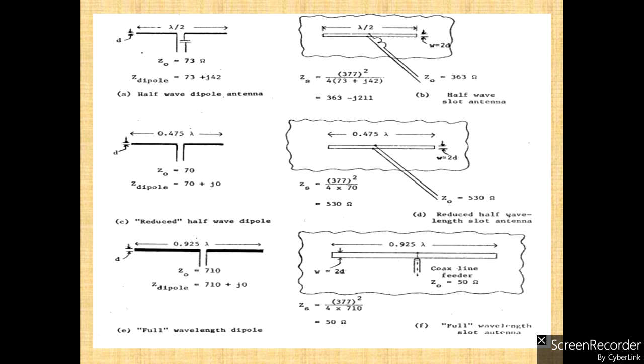The impedance of the dipole is about 710 plus j0, and the slot impedance Zs will be about 50 ohms. This is the full-wavelength slot antenna, about 50 ohms, which is used in practical cases.